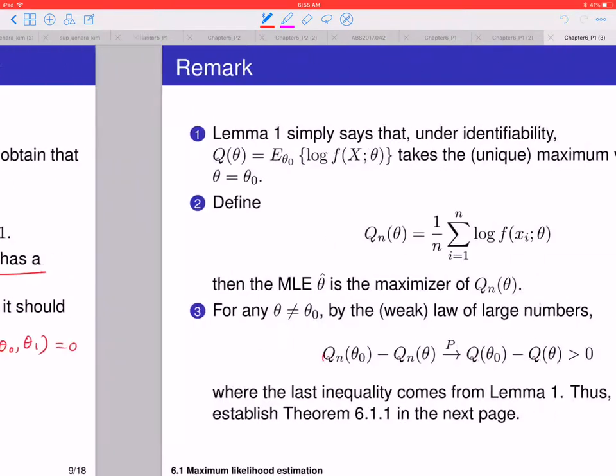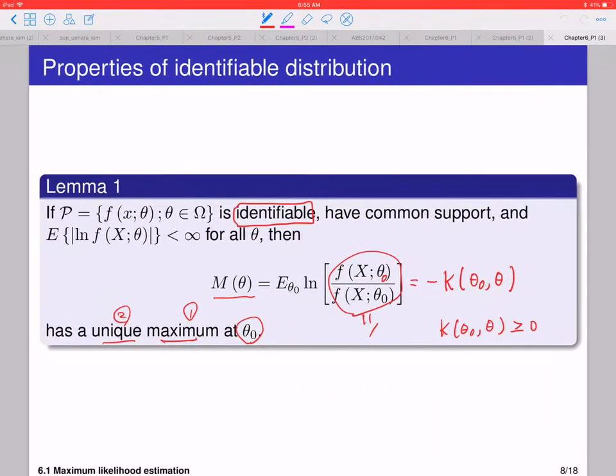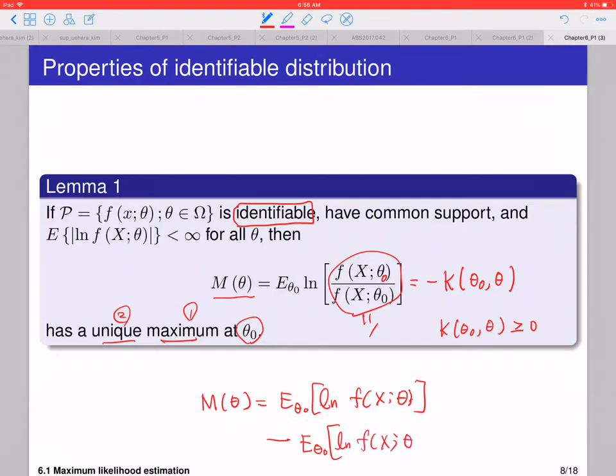So lemma 1 simply says that under identifiability, this guy, you can see m zeta. What is m zeta, by the way? m zeta is the expected value of log f x zeta, minus the expected value of log f x zeta 0.